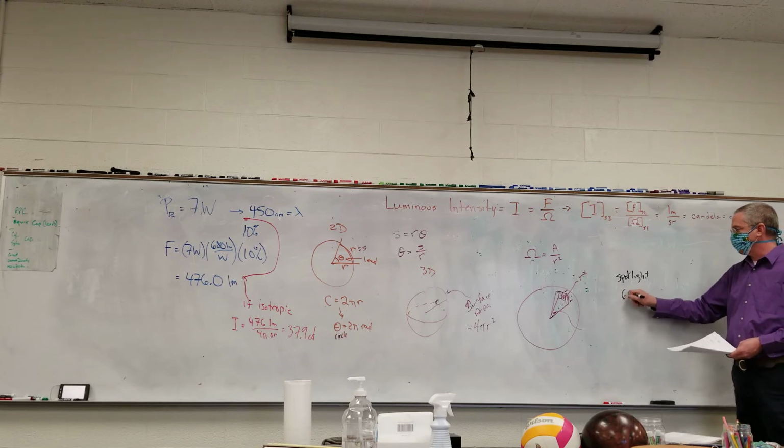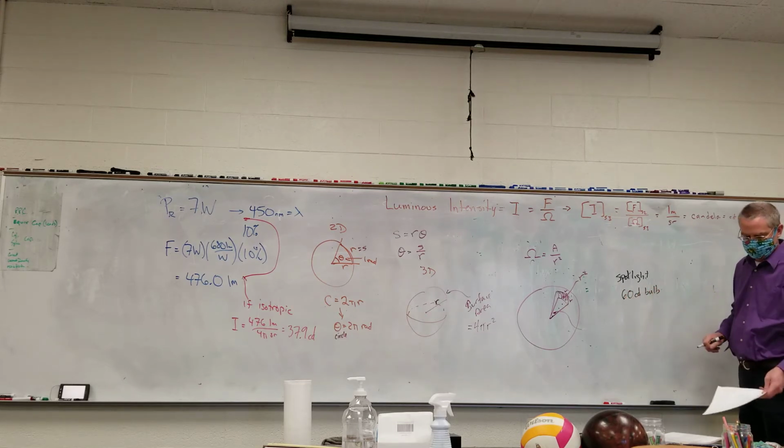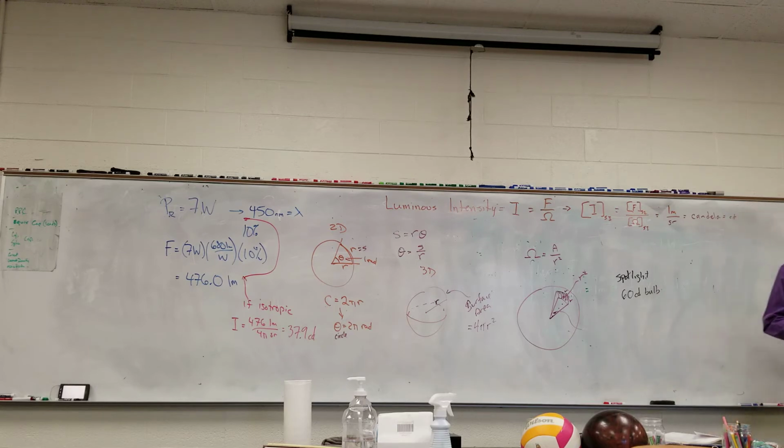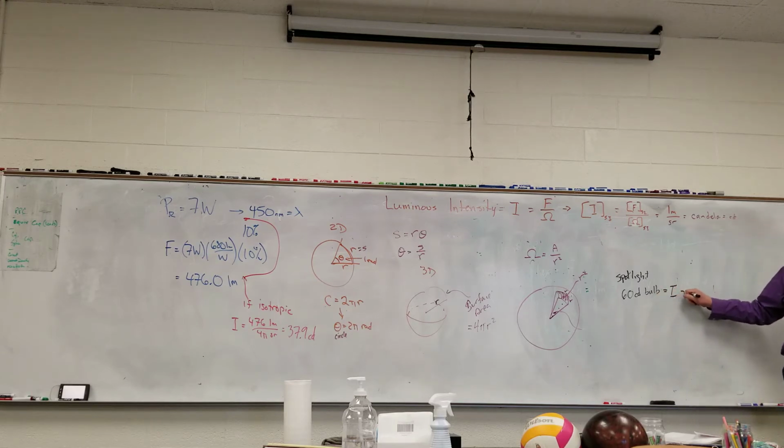So suppose I have a 60 candela bulb. With our candela, so it's luminous intensity, we can get an idea of how bright it is, because I know this is my luminous intensity, which is the luminous flux divided by the solid angle.